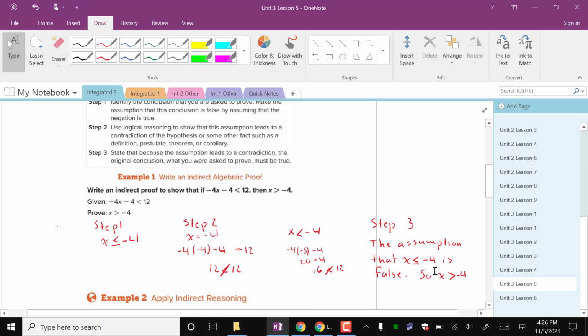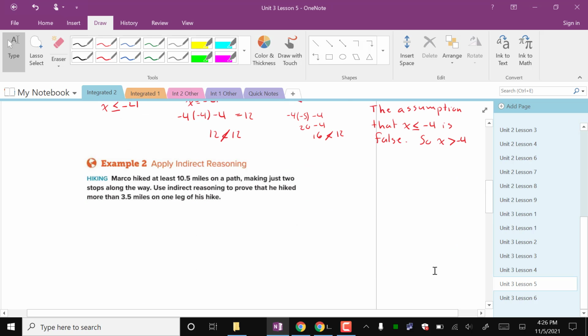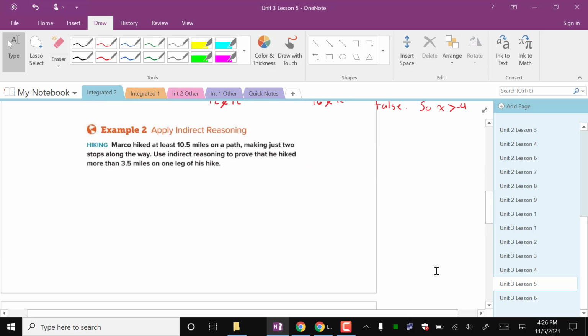Let's take a look at example 2. So we want to apply indirect reasoning for example 2. Marco hikes more than 10.5 miles on a path, making just 2 stops along the way. Use indirect reasoning to prove that he hiked more than 3.5 miles on at least one leg of his hike.